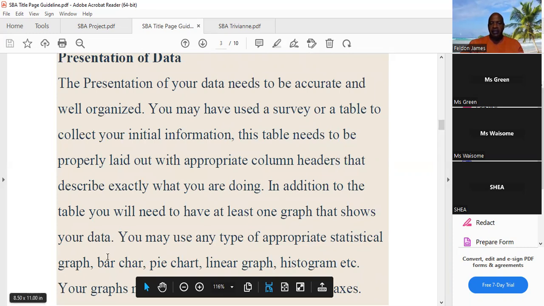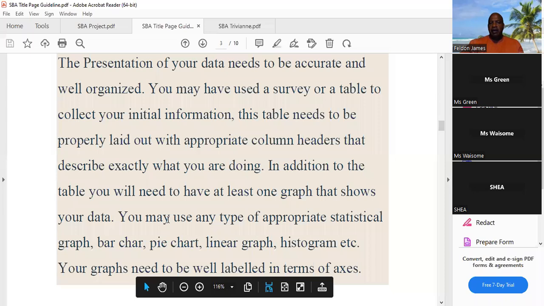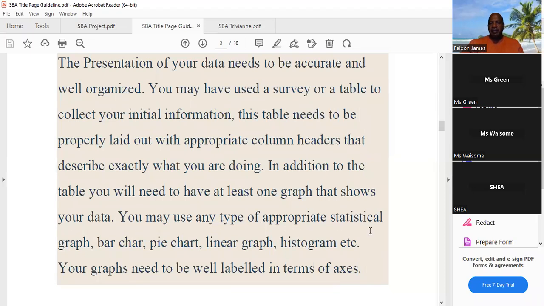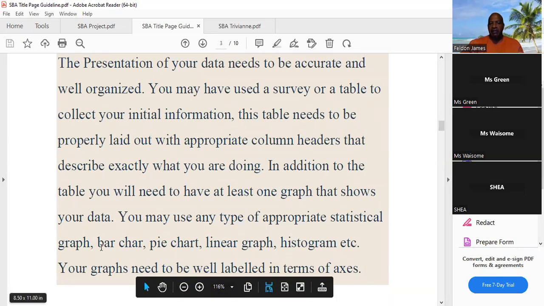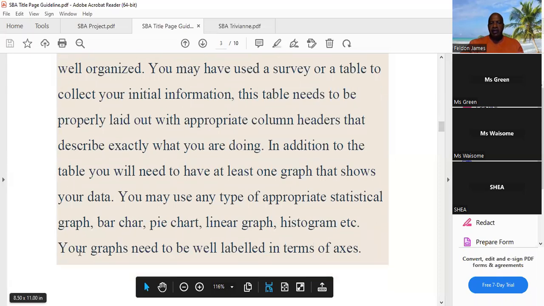So in other words, your presentation can be in the form of a graph. You may use any type of appropriate statistical graph, bar charts, pie charts, line graph, histogram, etc.